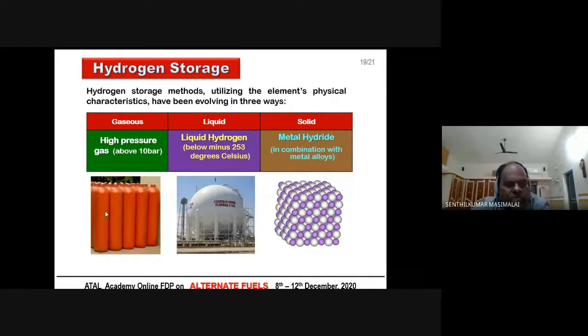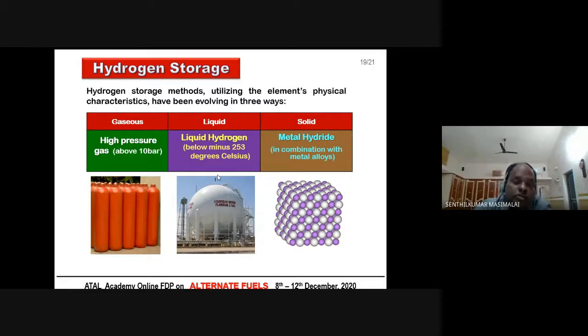Instead of storing hydrogen in gaseous form, for more energy content we can convert the gaseous hydrogen into liquid hydrogen, LH2. But for converting gaseous hydrogen into liquid, you need minus 253 degrees centigrade; the boiling point is about minus 250 degrees centigrade.